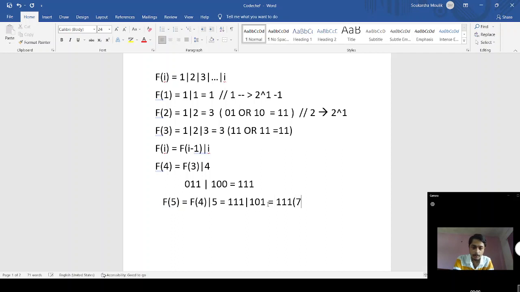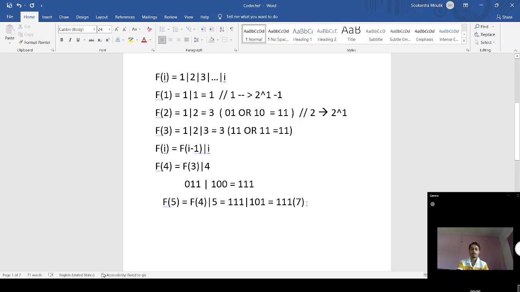I hope I am able to be clear, because see, you have a 1 here in the LSB, whatever the value may be in the second number's LSB, the result will be 1. Similarly for the other bits. So f of 5 will be 7.